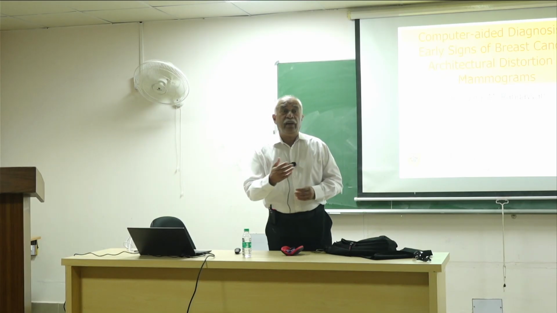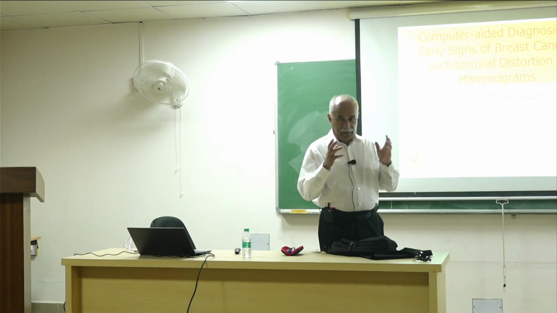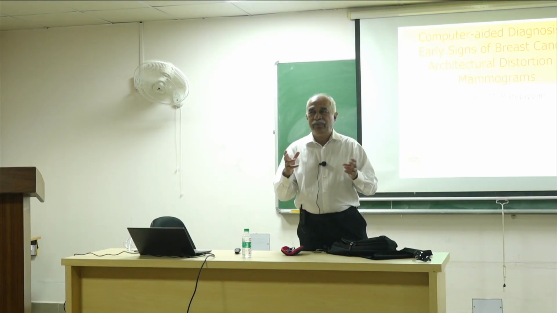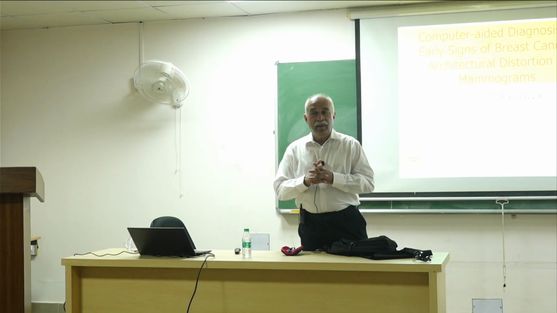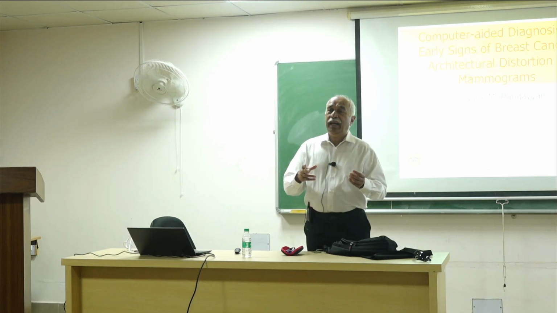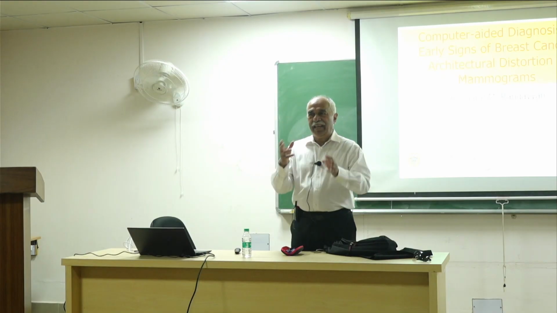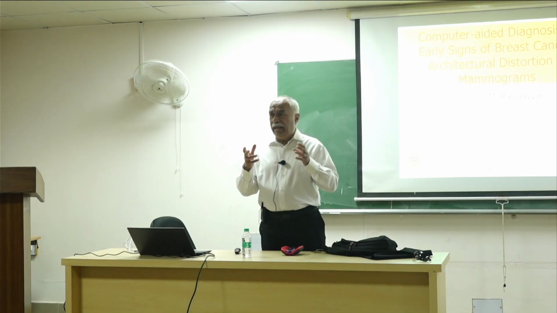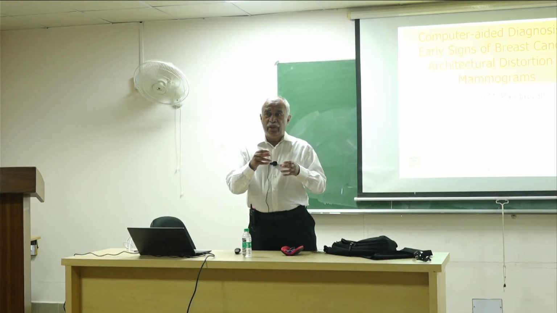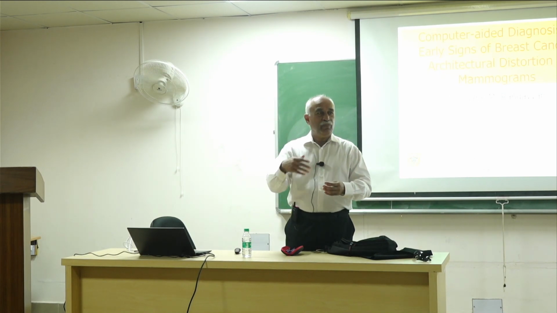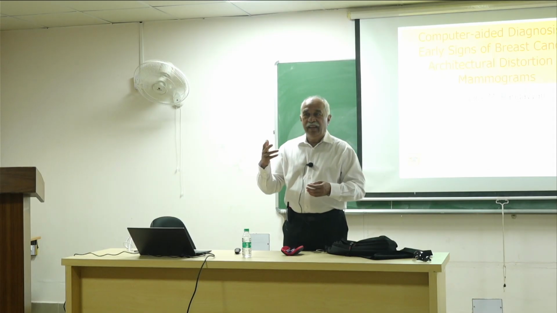So the area under the ROC curve of most experienced radiologists will be 0.92 or so out of 1. CAD systems may have just about the same, 92, 93. The radiologists and CAD systems may have similar area under the ROC curve between 0.92 and 0.94, but when you put them together, you go to 0.95, 0.96.